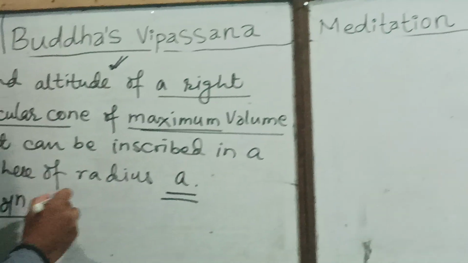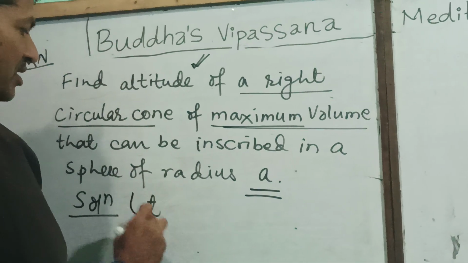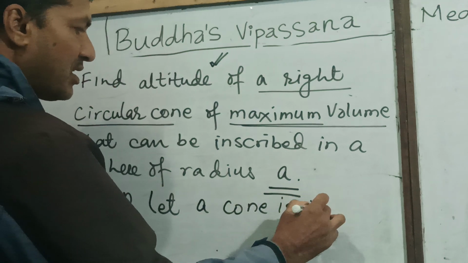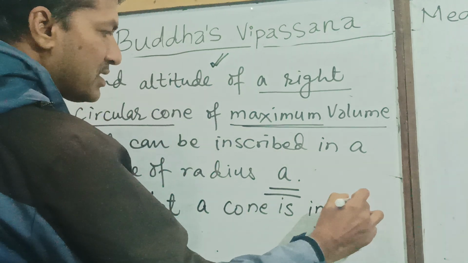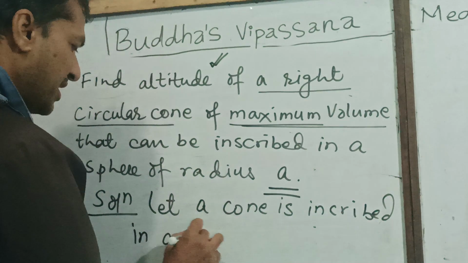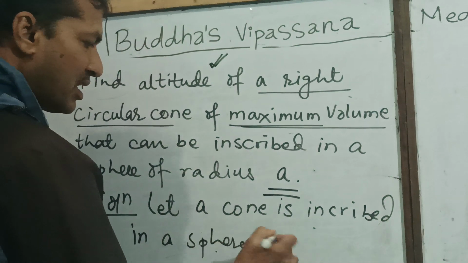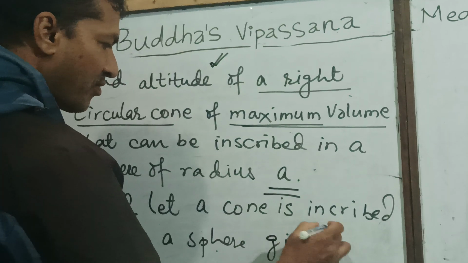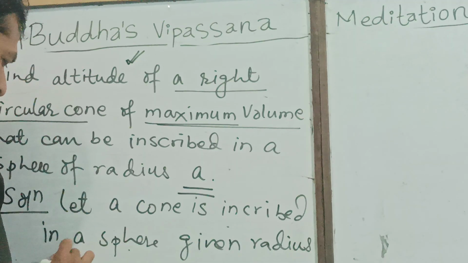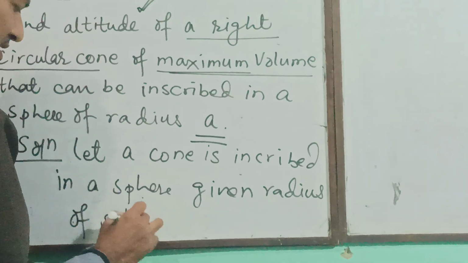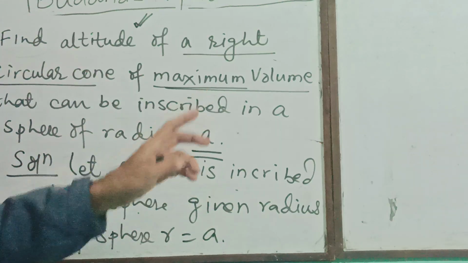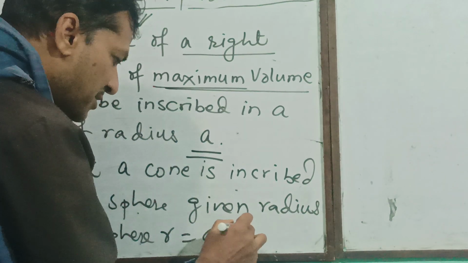Let a cone be inscribed in a sphere. Given the radius of the sphere R is equal to A. This is the radius of the sphere A, which is given, which means it is fixed.